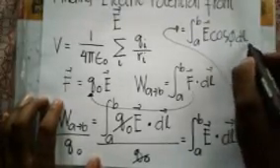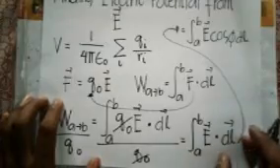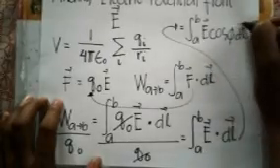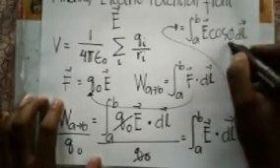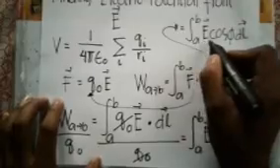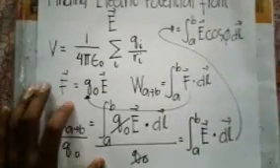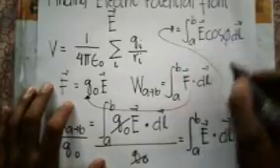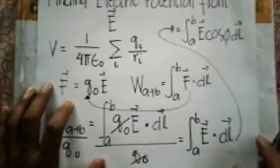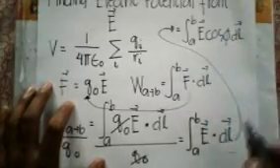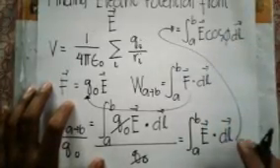So again, dl is the infinitesimal displacement along the particle's path, and phi is the angle between the electric field and dl. So this equation is our potential difference as an integral of our electric field.